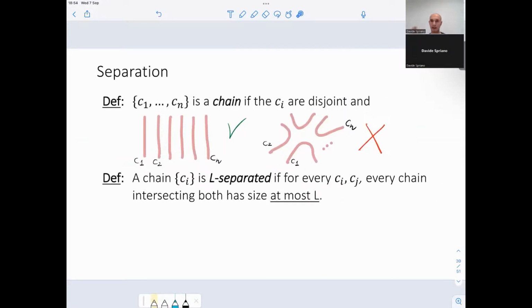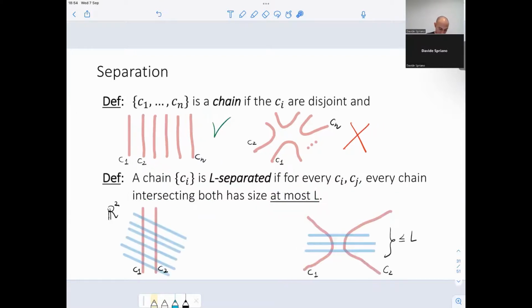Okay, and this is the most technical definition of the talk. We say that a chain is L-separated if for every Ci and Cj, so for every pair of curtains in the chain, every other chain that intersects both has size at most L. In a picture, for instance in R2, if I take any two disjoint chains, you quickly figure out that disjoint means they need to be parallel, otherwise they would intersect, then they will never be L-separated because I can always find an infinite chain that intersects both.